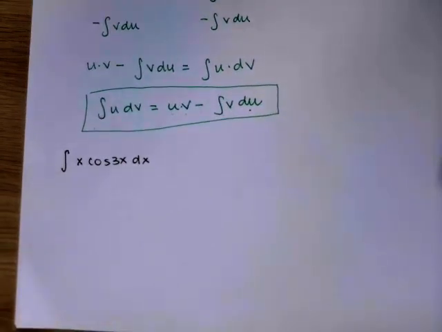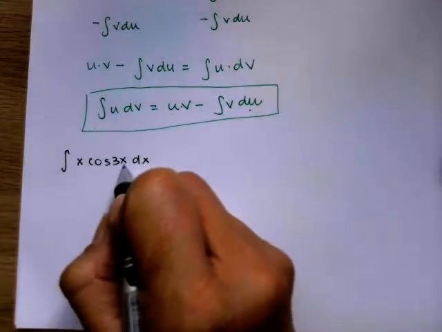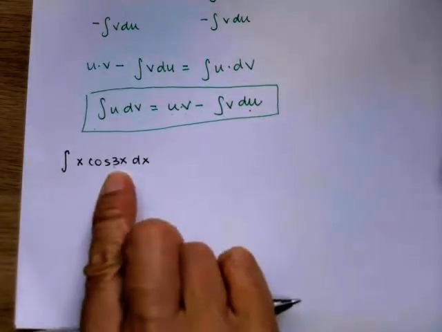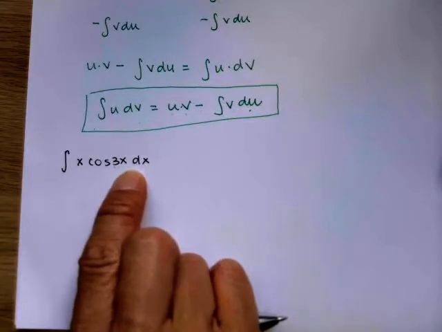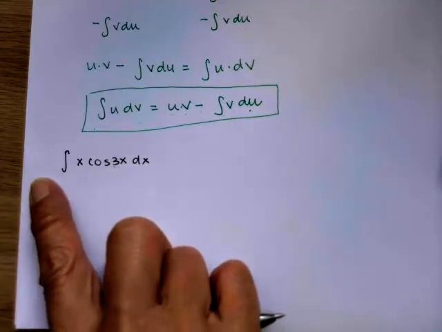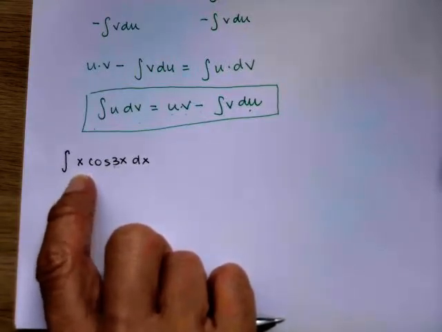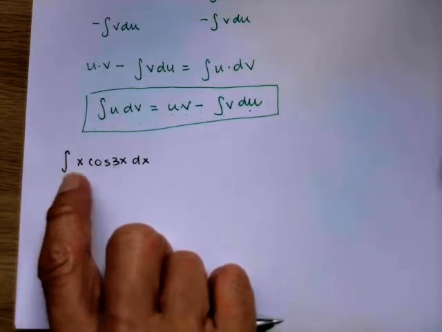So maybe you're thinking, well, isn't that just a u sub? So go ahead and think that out. If it was going to be a u sub, we'd have u be 3x, so then du is a 3 and you'd get a 1/3. I still have this x out in front, so I still have a product.